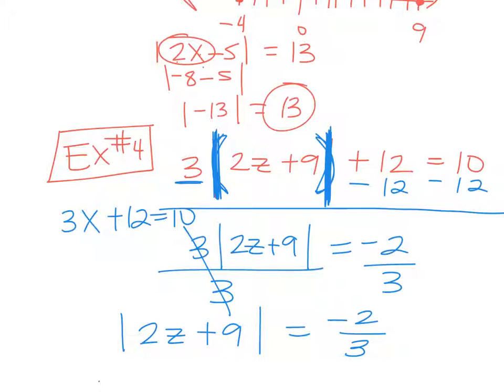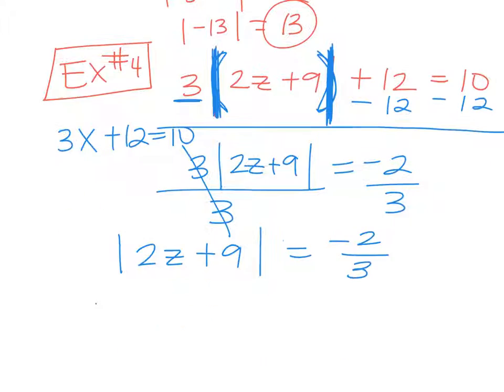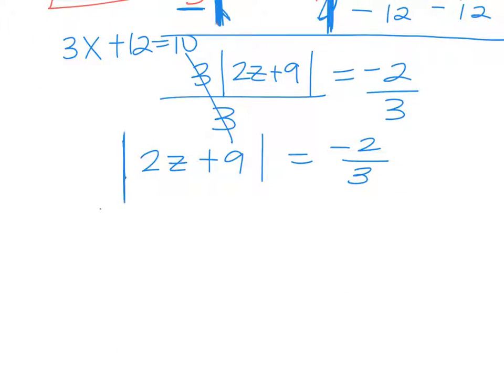This is when technically you would set up the 2 equations. But here's where like red lights should be going off. Warning, something's wrong. Because we just said that the absolute value of something equals a negative. An absolute value cannot equal a negative because it's a distance, and distance is positive, okay?